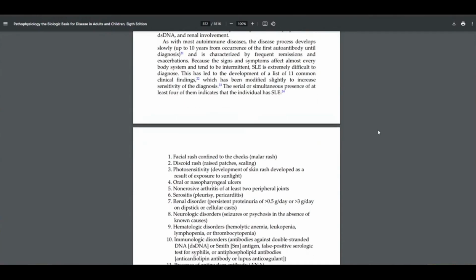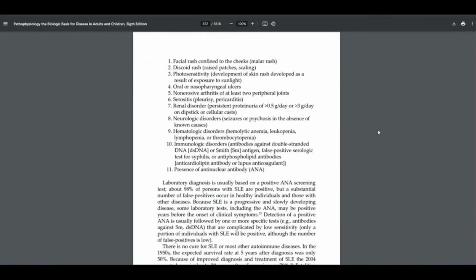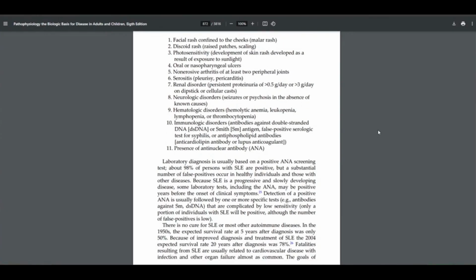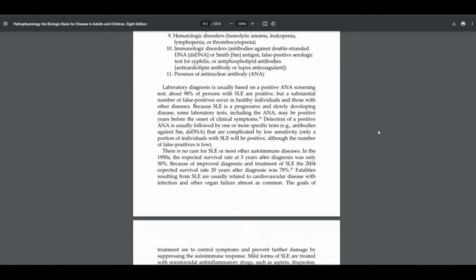The serial or simultaneous presence of at least 4 of them indicates the individual has lupus: a facial rash, discoid rash, photosensitivity, oral and nasopharyngeal ulcers, non-erosive arthritis of at least 2 peripheral joints, serositis, a renal disorder, a neurological disorder, hematological disorders, immunologic disorders, and the presence of an antinuclear antibody.